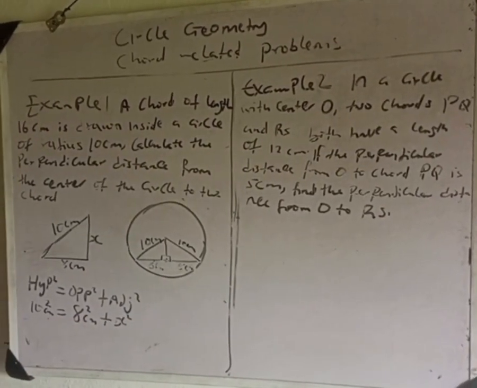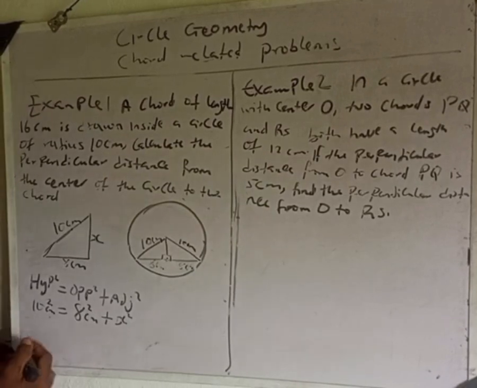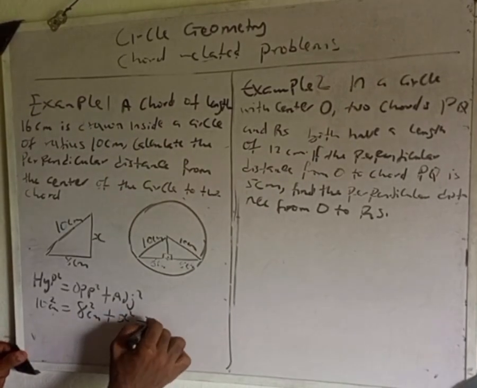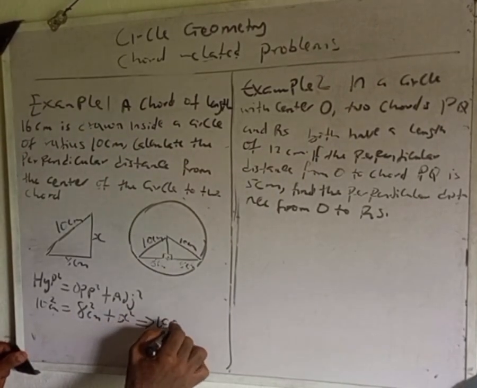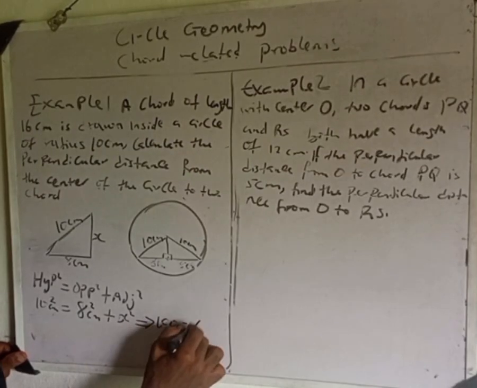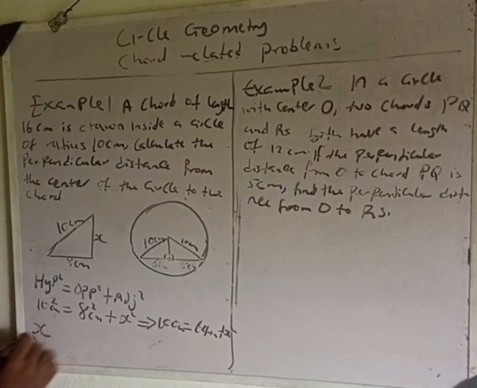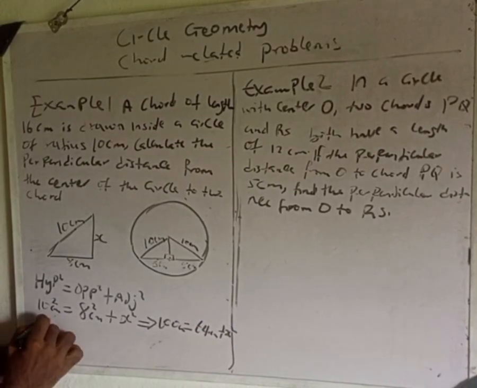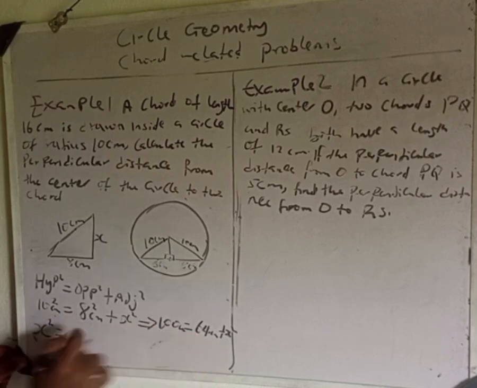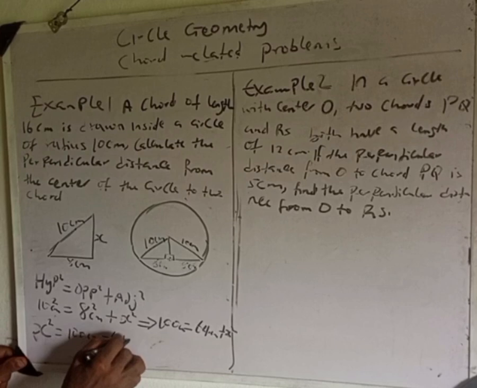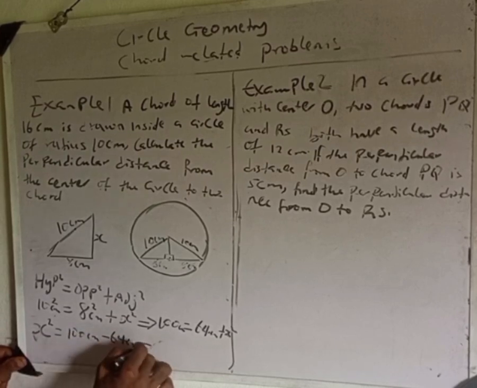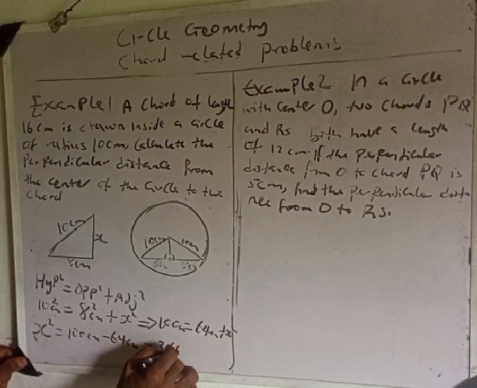It's the same thing. So when we try to solve through, this will give us that 100 cm is equal to 64 cm plus x squared. I can make x squared the subject of the formula. I will have x squared is equal to 100 cm minus 64 cm, which will give me 36 cm.